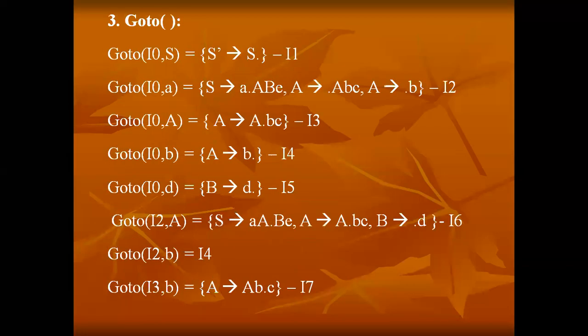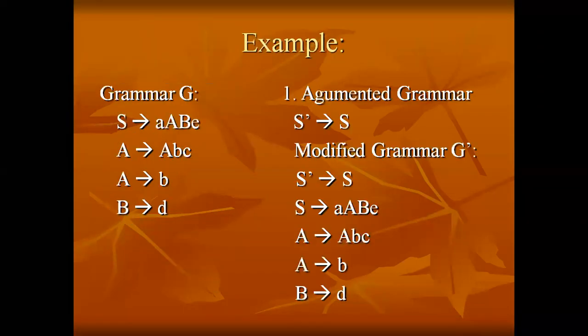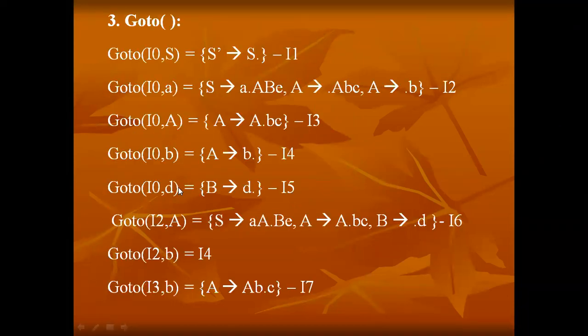Now from the given grammar, it is R3, rule 3, right? A tends to B. When this A tends to dot B is ended, that means when the processing of the dot operator ended in the rule, see here, at I4. Again, the rule starts with an A, so we need to take the follow of A here.